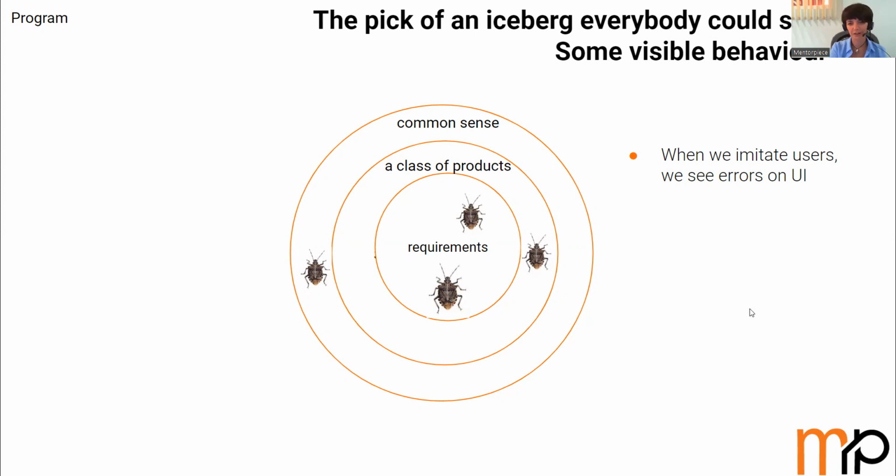So we can have some defects on the UI. Then we can observe as a user that something is not according to the requirements, not according to the class of products, and not according to the common sense. And again, these defects can be observed, but we really don't know where the root cause of these defects is.